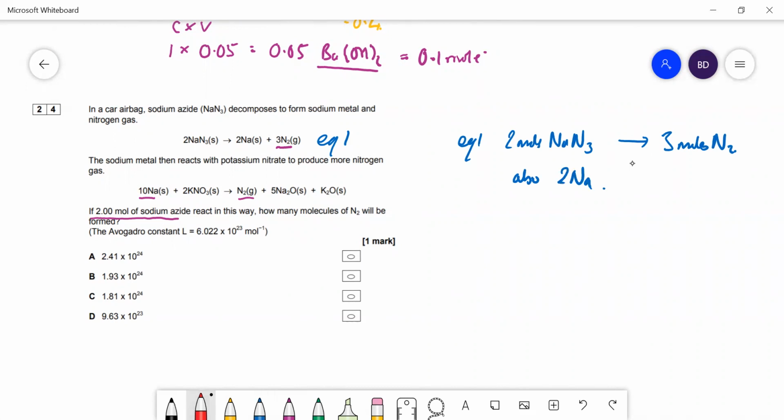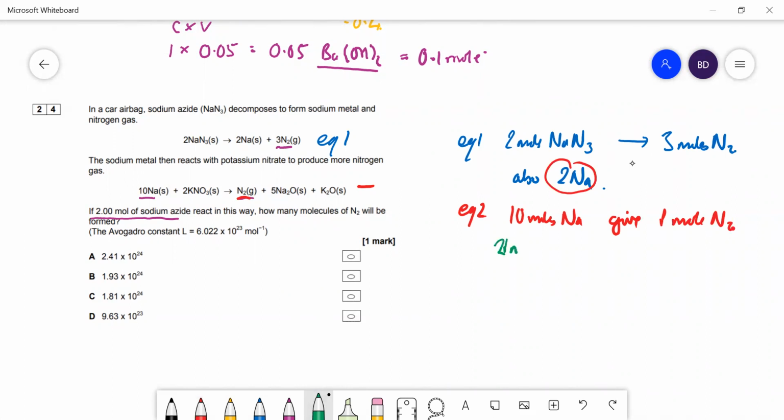Now equation 2, this one here, shows us that 10 moles of Na will give 1 mole of N2. But look, we've got 2 moles of Na there, so 10 gives us 1, 2 is going to give us 0.2 moles of N2.